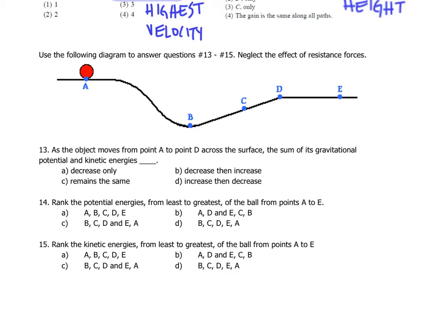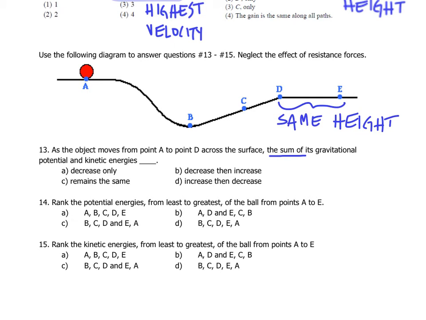One thing that I will tell you is that D and E are at the same height. And in number 13, it says, as the object moves from point A to point D across the surface, the sum of its gravitational potential and kinetic energies is what?